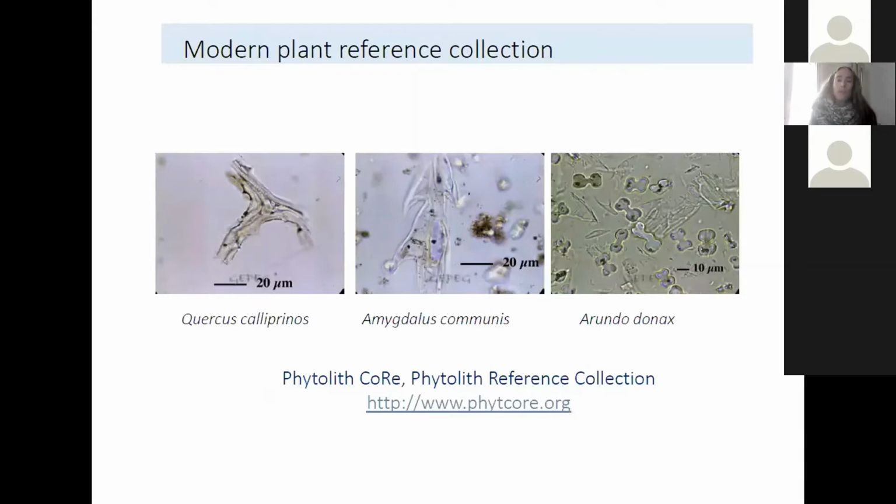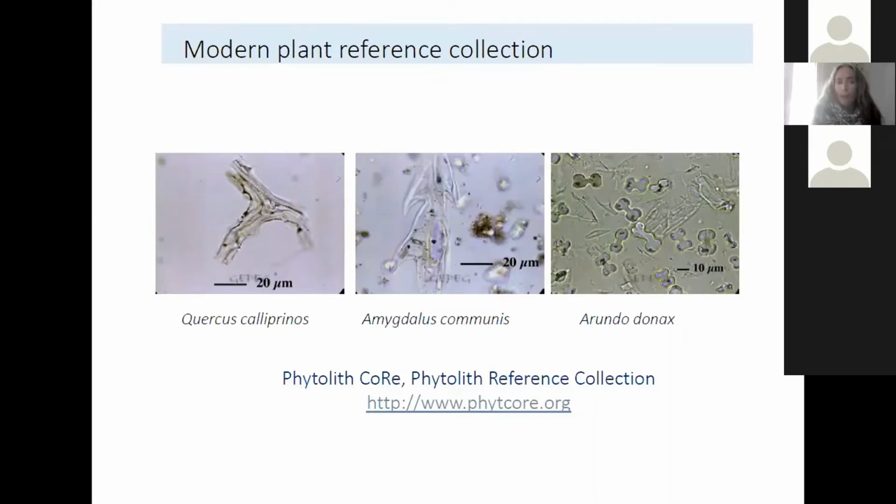It comprises phytoliths from modern plants from different parts of the plants, because the phytoliths are produced in the epidermal tissues of many plant species, and also from soils and fossil phytoliths from paleoanthropological layers, for example, from Olduvai Gorge, dating to 2.5 million years, and from several reference collections all over the world.